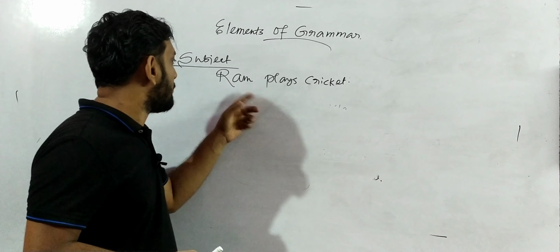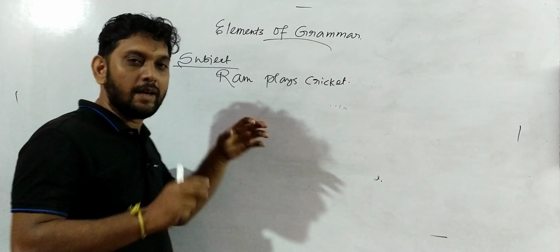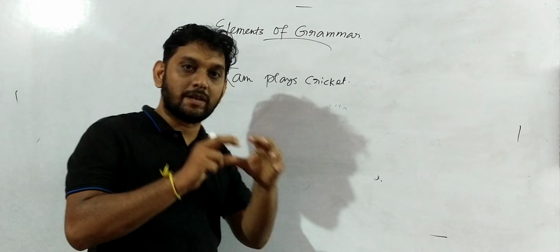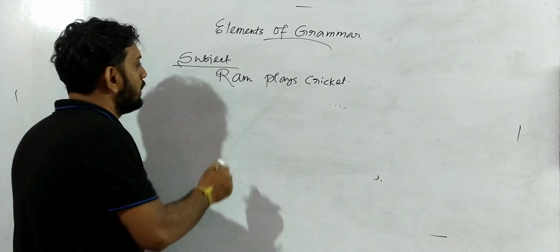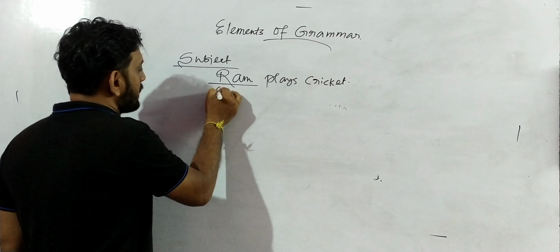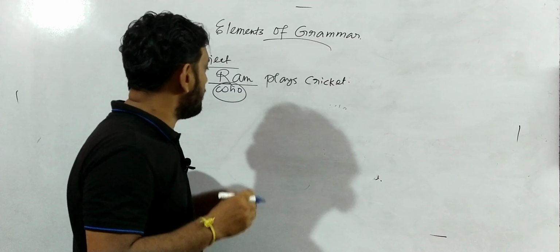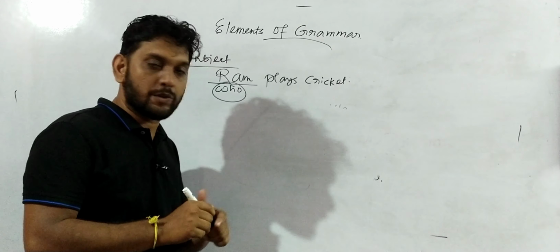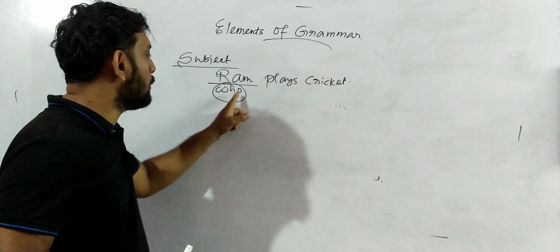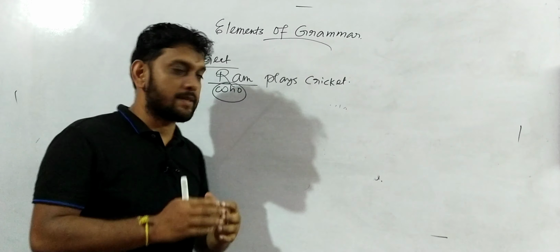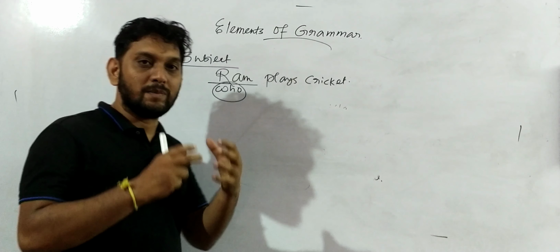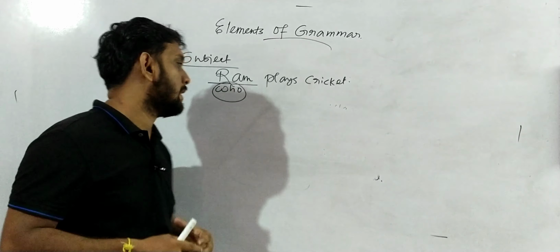Here we talk about the subject Ram. Yes or no? Who plays cricket? If you use the WH question word, who plays cricket, you get the answer Ram. So Ram is the subject in the sentence.